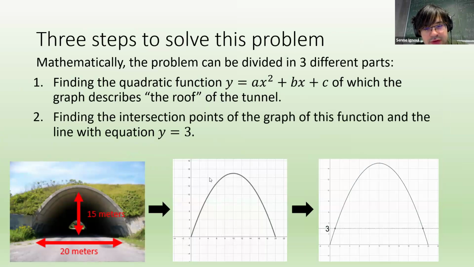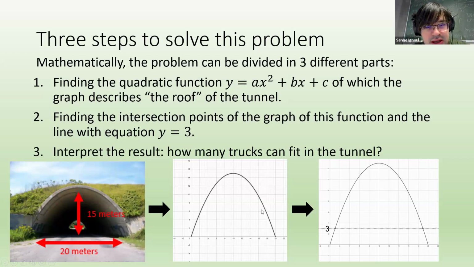Then we want to find the intersection points of your graph and the line with the equation y is 3. And then I can refer back to GeoGebra, because this is the point where your truck will actually go out of the tunnel, so to say. So this is the critical point we have to look for. So we look for those intersections. And then we try to interpret the result: how many trucks can fit into the tunnel.